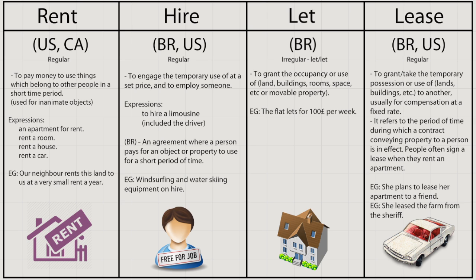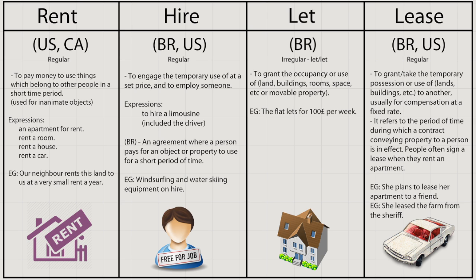So the first meaning that I gave you is the US meaning, is to engage the temporary use of at a set price and to employ someone. So expressions are to hire a limousine, obviously included the driver, okay, we say.